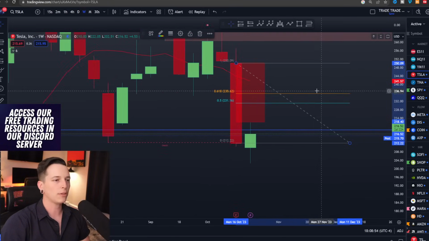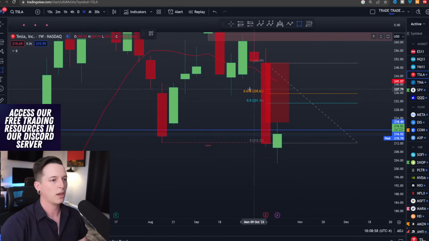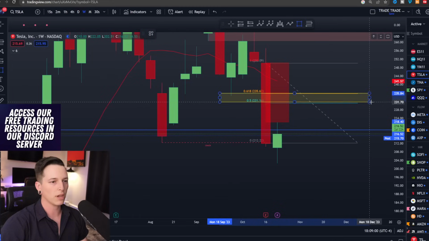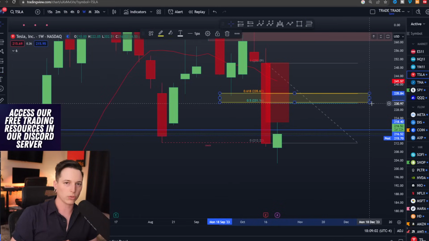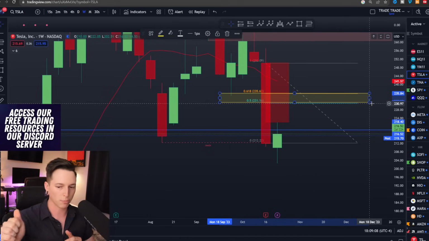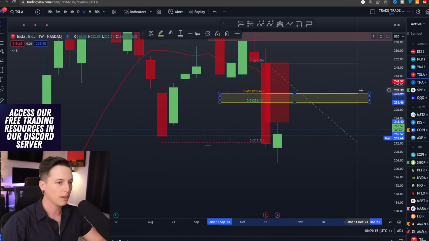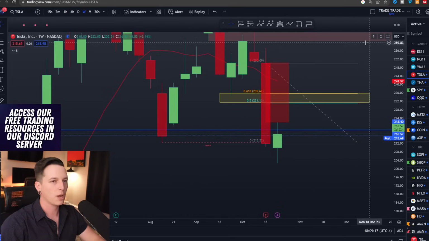The reason we only care about these levels is that the 0.5 and the 0.618 are going to be the golden zone. All a golden zone means is that this is the level at which the trend is either going to continue, which means you buy into the trend, which in this case would be down, or if we break through it, the trend will start to reverse back up.